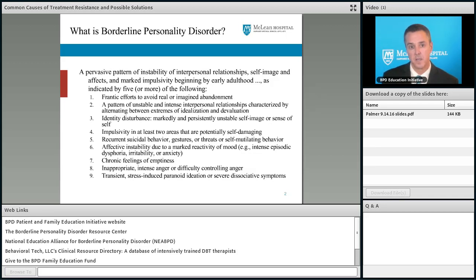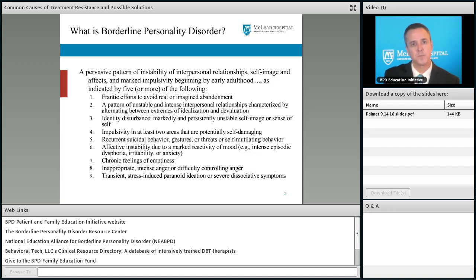So for instance, one person might have a prominent symptom of cutting and self-injury, whereas another person diagnosed with BPD may not do that ever. Another person with BPD might have a lot of anger outbursts, and that might be most prominent in people's minds. And so they think of BPD as lots of anger outbursts, whereas other people diagnosed with BPD never have an anger outburst. They're actually quite shy, quite passive.